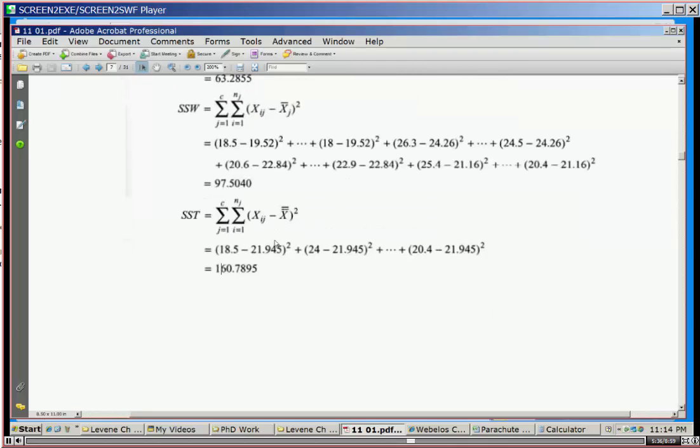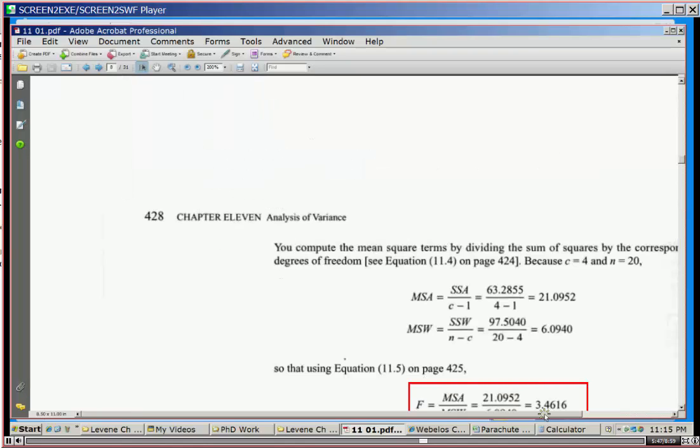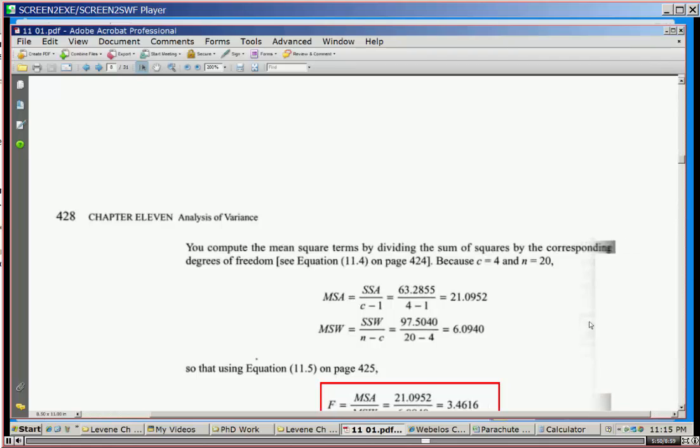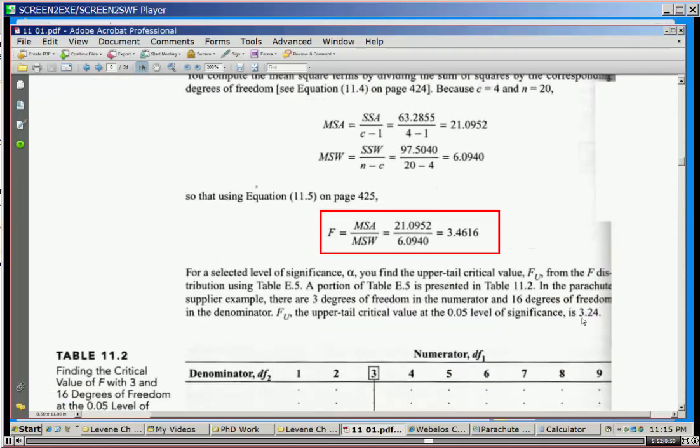And by the word mean, we mean that we're going to have to use the numbers of measurements in the denominator, but for ANOVA there will be the degrees of freedom, not just the numbers of measurements.